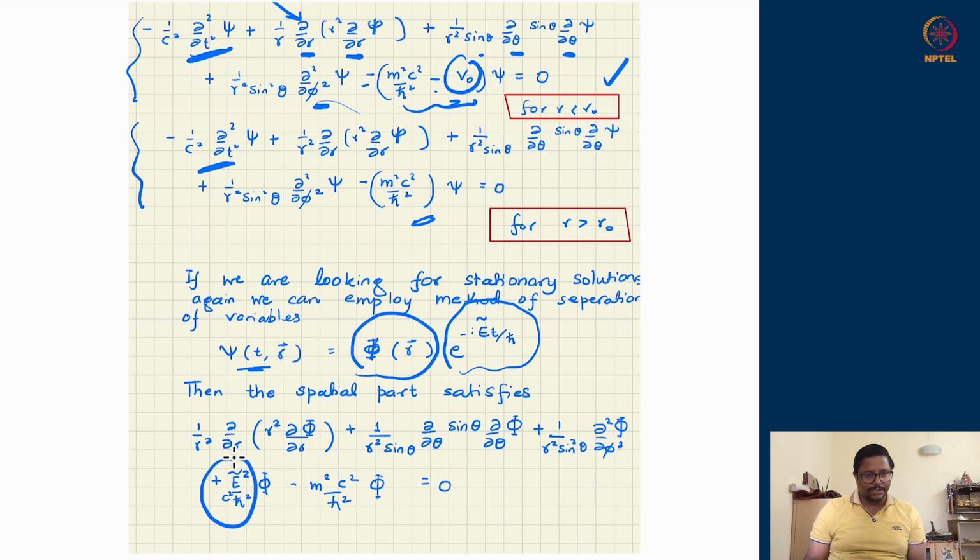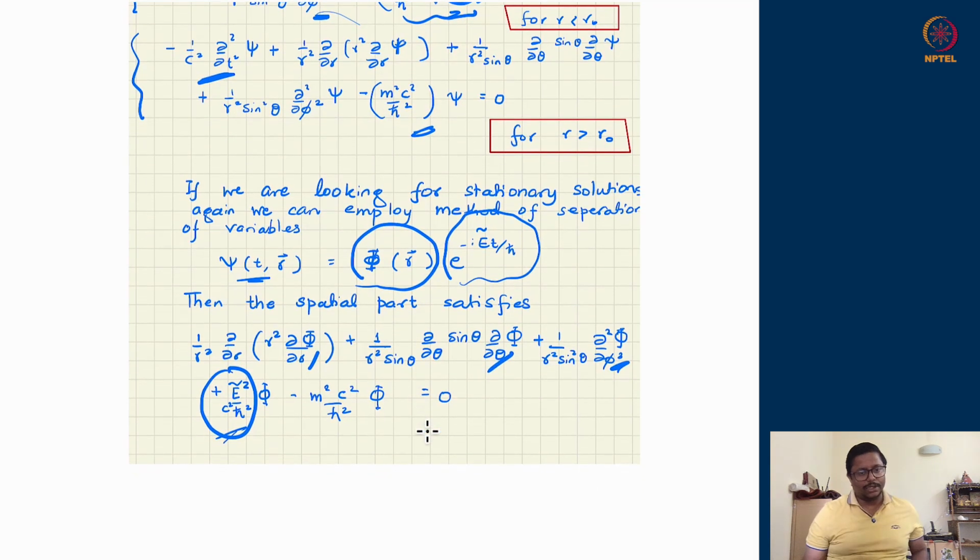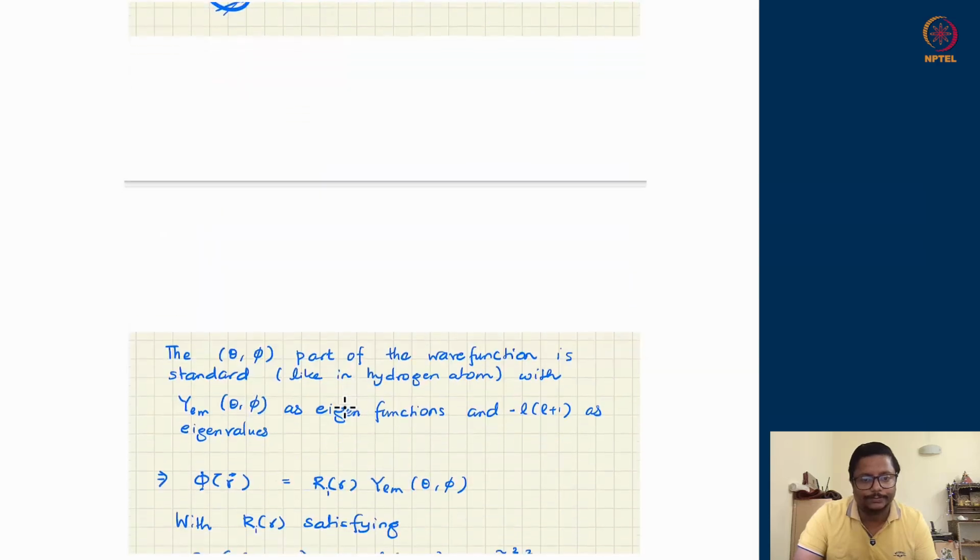So that will become this times the phi. All the spatial derivatives will hit phi as r derivative, theta derivative, and phi derivative, and we have to figure out what their character is. But the temporal derivative will hit and bring down E square over here. So that is what we have done. In region 1, E tilde is E plus V naught. In region 2, E tilde is E. That's all we have to be careful about.